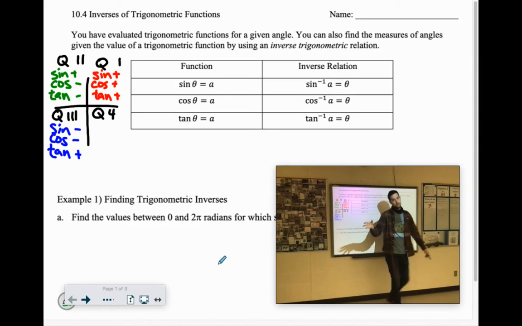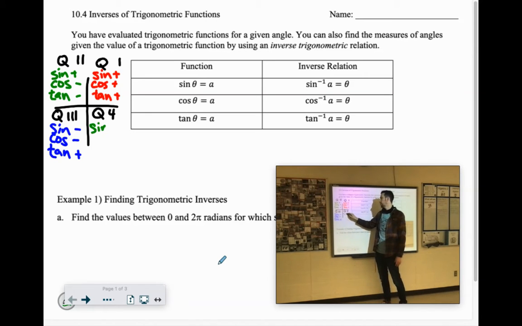And the last quadrant, quadrant 4, that is a positive x but a negative y. So our sine will be negative, our cosine will be positive, and then you have one of each, so your tangent would be negative. Fantastic.